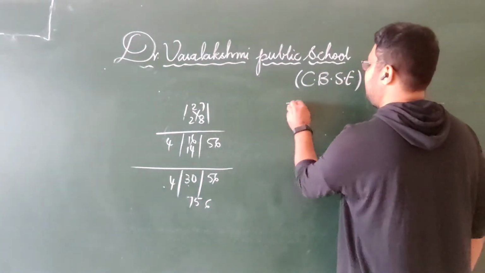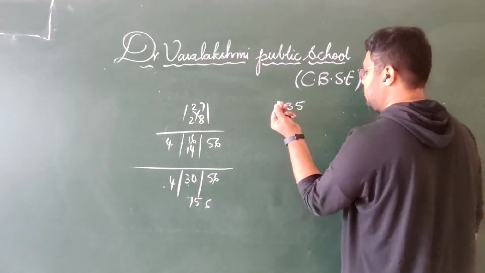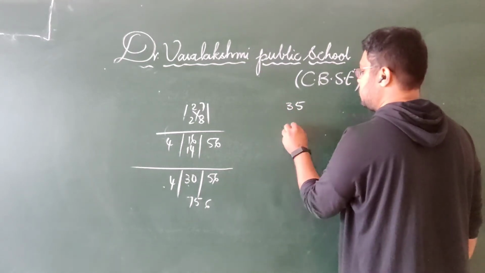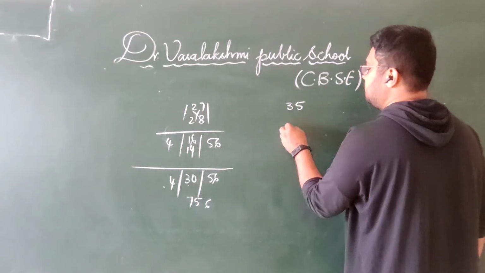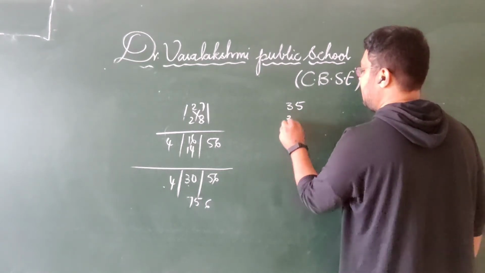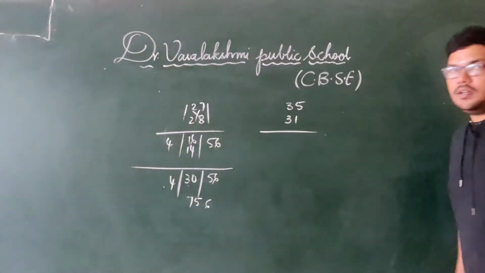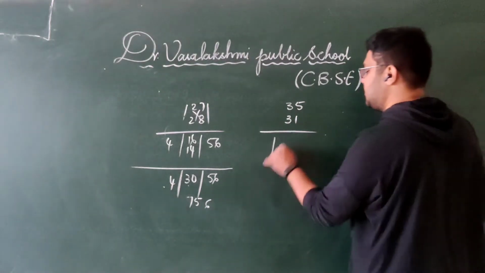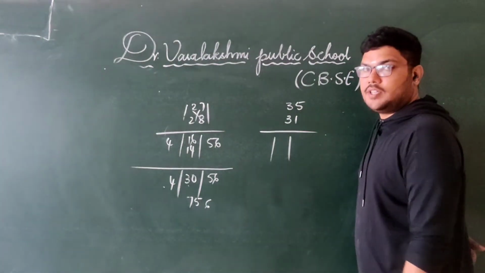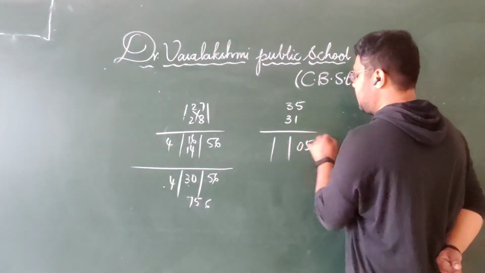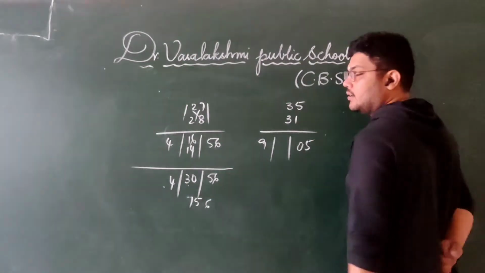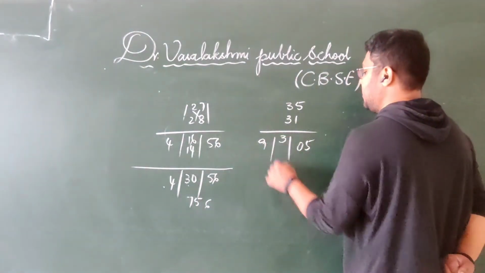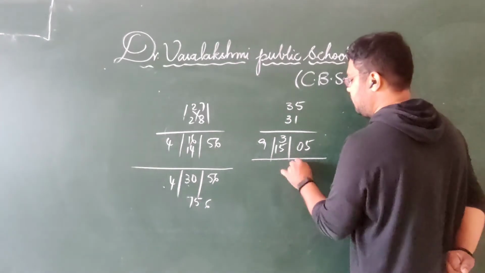That is 35 into 31. Okay, so in the same manner, I make the plane into 3 parts. 5 here, 9. Okay, 3 1 is 3, 3 5 is 15. 5.